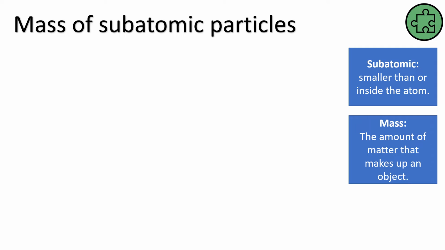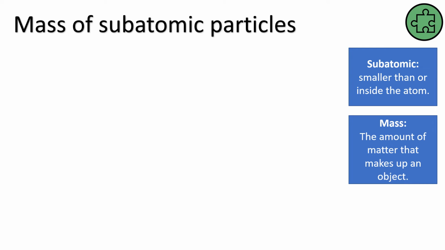So the first bit of information you need to know about the subatomic particles is their mass. Now, mass is normally measured in grams or milligrams or micrograms, but these subatomic particles are so small we can't really measure them accurately in that way. So what scientists did is they compared the subatomic particles to each other.